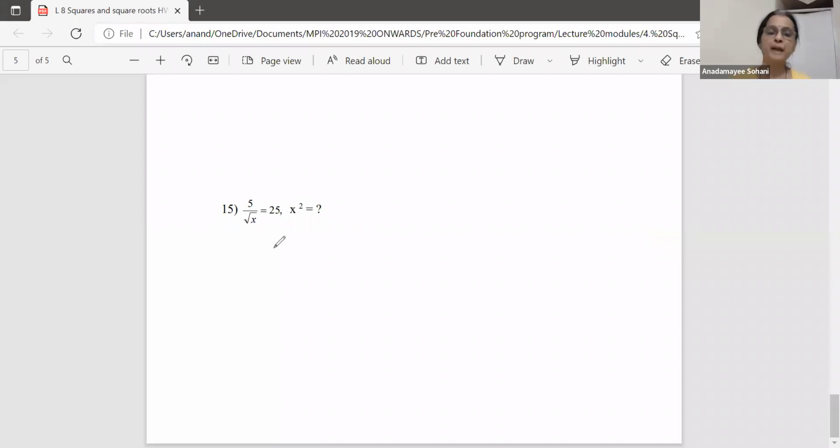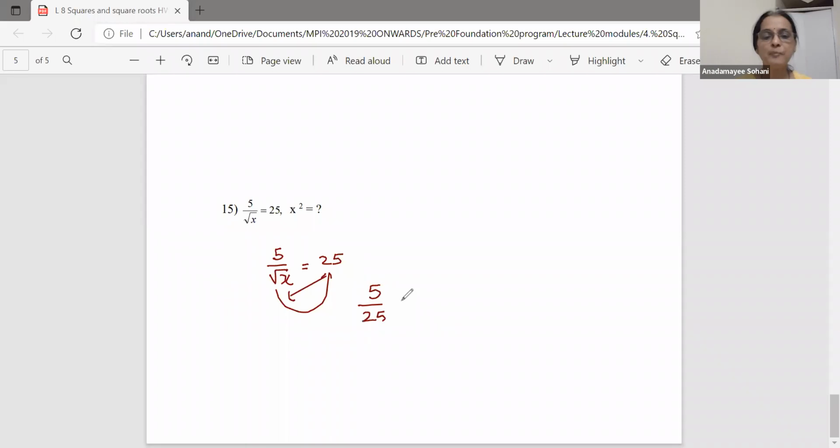Now 5 upon root x is 25. So what can I say? 5 upon root of x is 25. Then I can take this over here and this over here. So 5 upon 25 will be root of x.